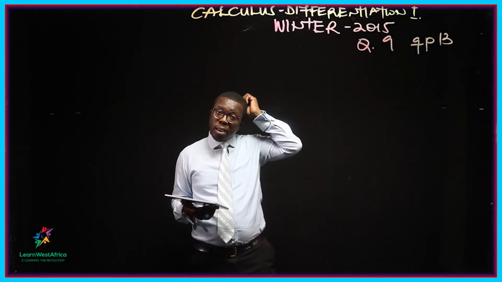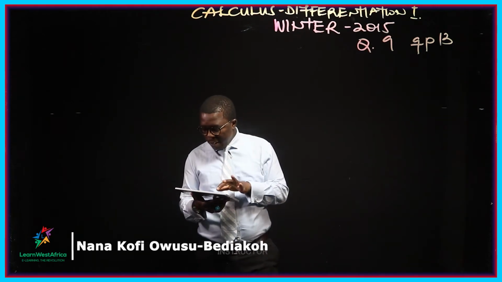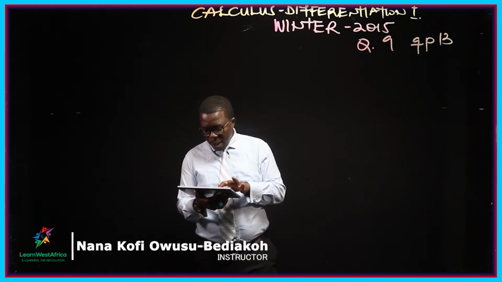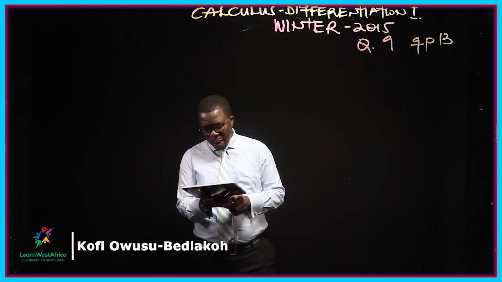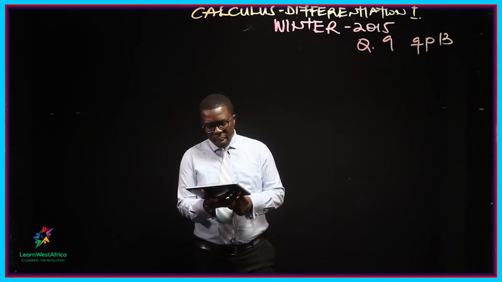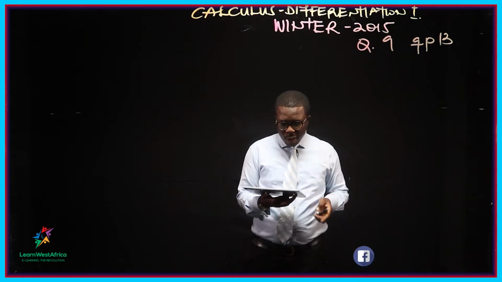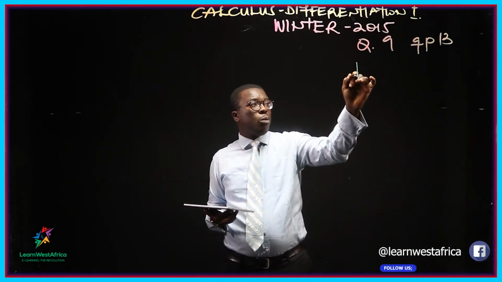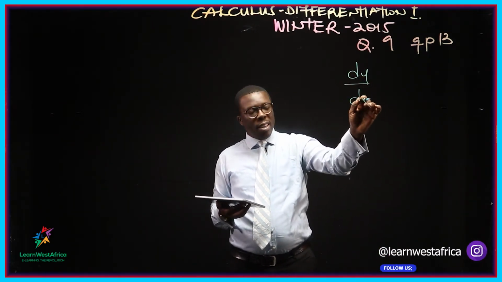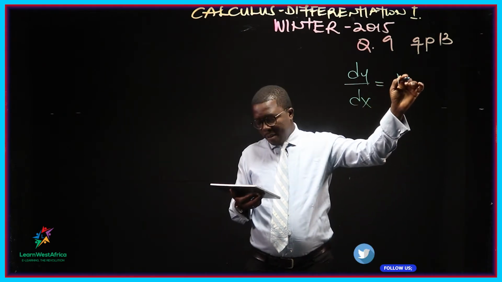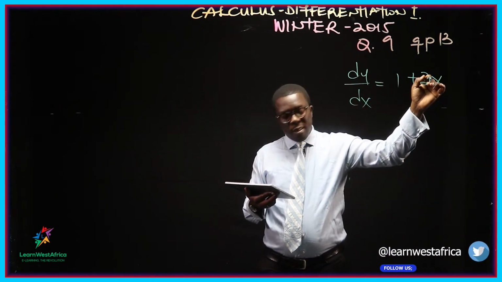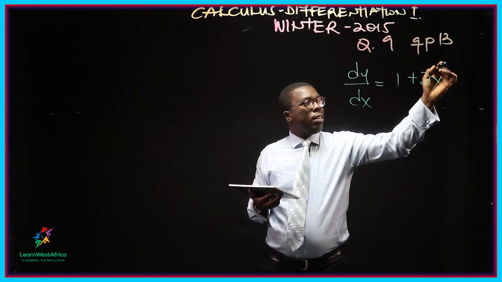Okay, so for question 9 of QP13, we are being told that the curve passes through the point A (4, 6) and is such that dy dx, let's look at the dy dx function that was written. So we have dy dx being equal to 1 plus 2x raised to the power -1/2.